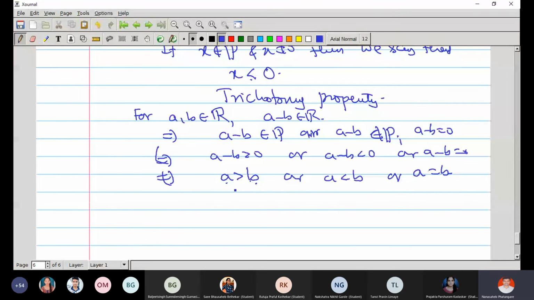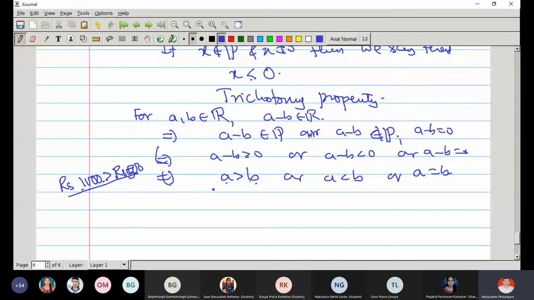Why? Because of the order properties of real numbers. Otherwise, today we would say 1,000 is greater than 500, and tomorrow I would say that no, 500 is greater than 1,000. So that would keep changing. But these order properties are there, so definitely 1,000 is anytime greater than 500.